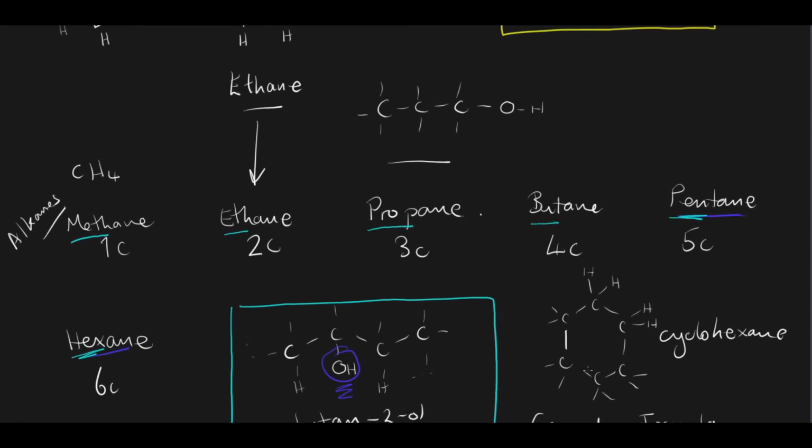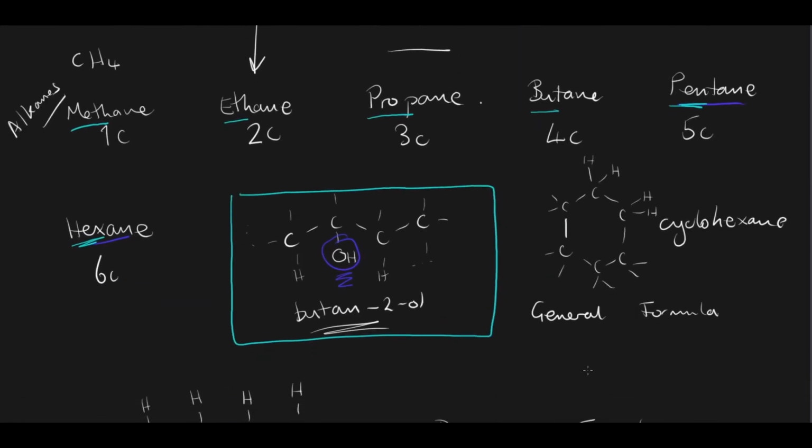So methane has 1 carbon atom in it, and that has 1 carbon and 4 hydrogens. Ethane has 2 carbons, and then it has 6 hydrogens. Propane has 3 carbons, and then it has 8 hydrogens. Butane has 4 carbons, and then it has 10 hydrogens, and so on and so forth. So pentane is 12 hydrogens.